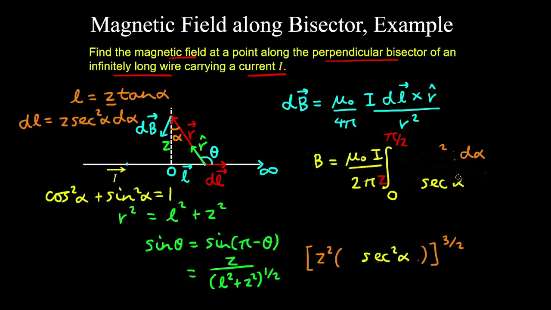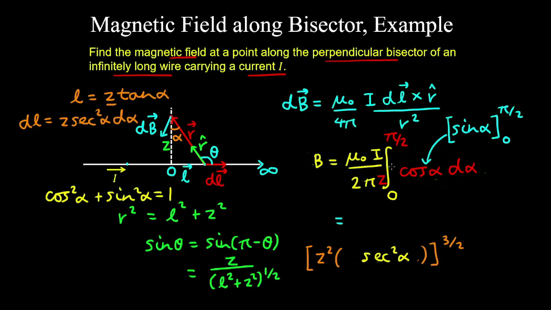So we can rewrite this integral as the integral of cosine alpha with respect to alpha. And now if we evaluate this integral, cosine alpha gets evaluated to sine alpha, and we evaluate this at alpha equals 0 and pi on 2.